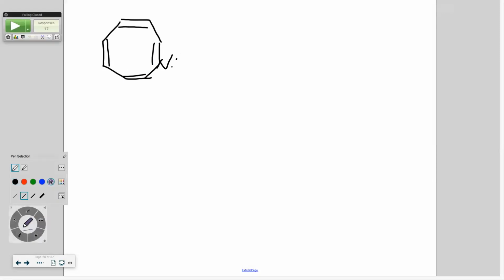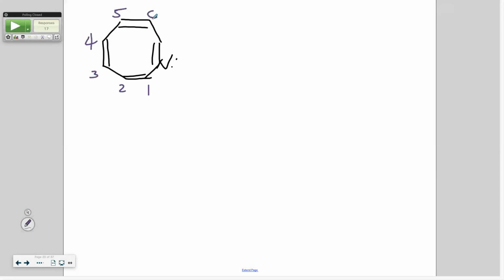Okay, so how are we going to count it out? Where are we going to count our electrons? 1, 2, 3, 4, 5, 6, 7. What do we do with the nitrogen? You just count 1. Where are these? In an sp2 orbital, so they do not count.